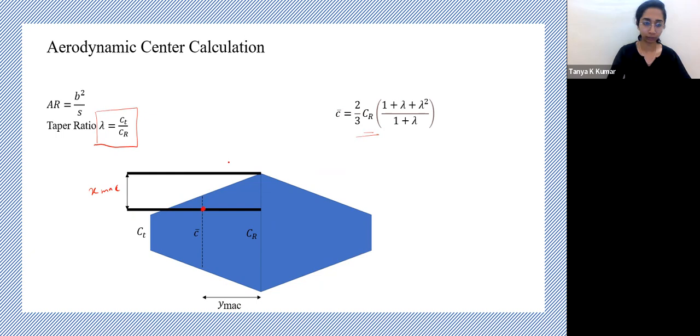Now let's try it for a different shaped wing. Let me just draw it.